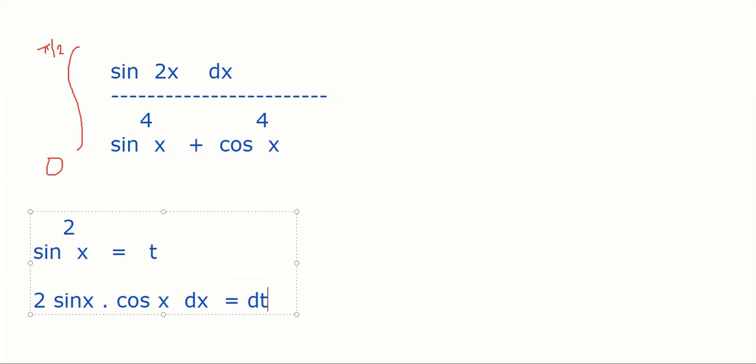We assume sin square x equal to t, so we differentiate both sides. Sin square x gives 2 sin x and then, function of a function, cos x. So 2 sin x cos x dx equals dt. So if you see this question, you can write sin 2x as what? 2 sin x cos x.